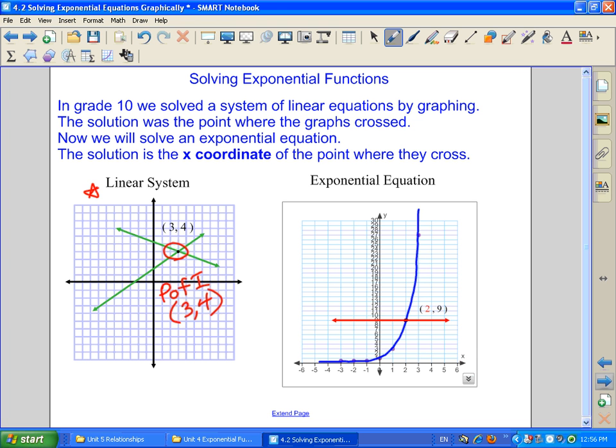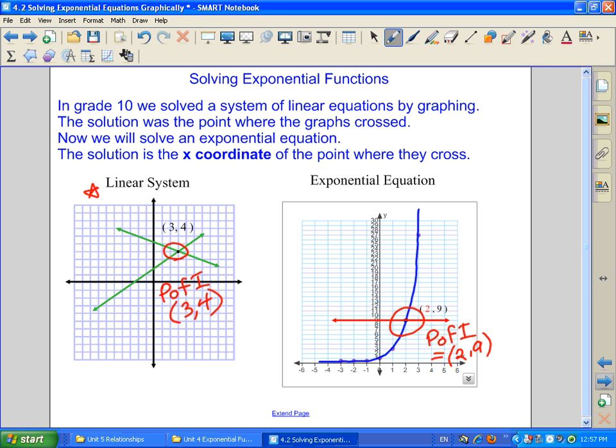Now we will solve for an exponential equation, and the solution is the x-coordinate of the point where they cross. So looking here, P of I is now going to equal 2 and 9. So the solution here is at the 2. Any questions with that, ladies and gentlemen?